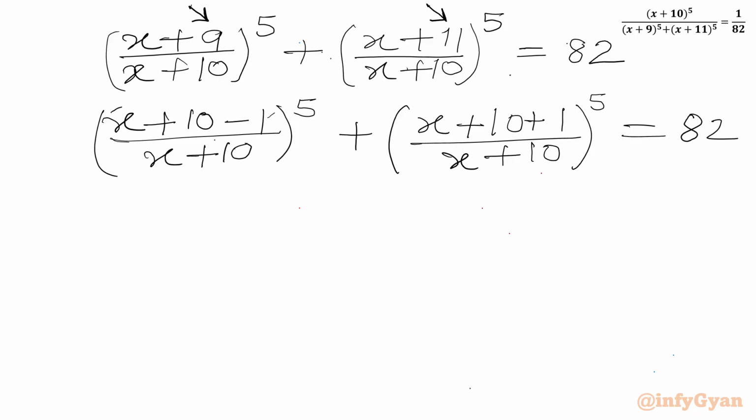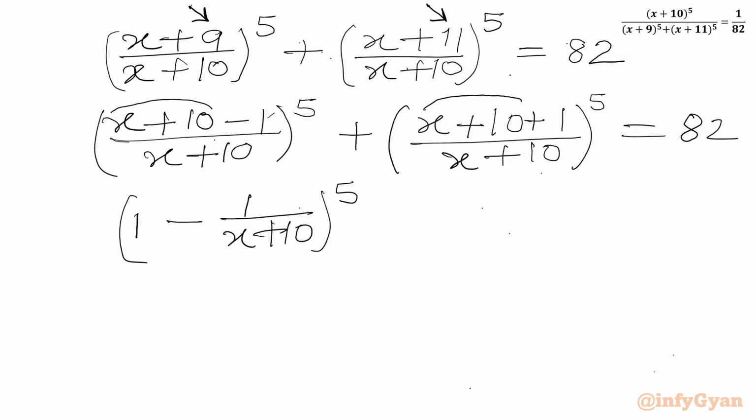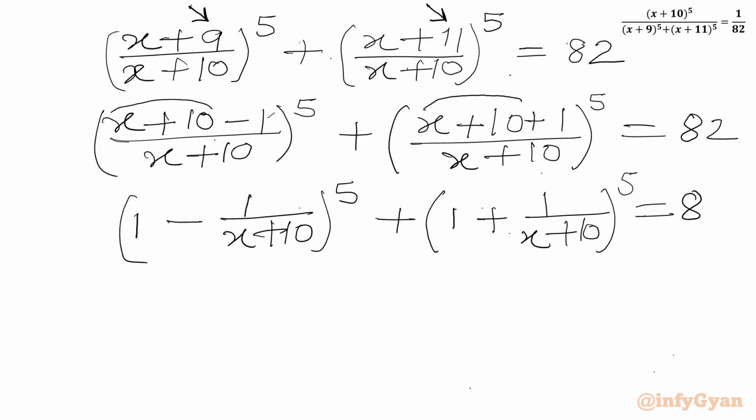Now I will split our numerator. So (x+10) over (x+10) will give us 1, so 1 minus 1 over (x+10), whole power 5, plus (x+10) over (x+10) gives 1 again, plus 1 over (x+10), whole power 5, equal to 82.